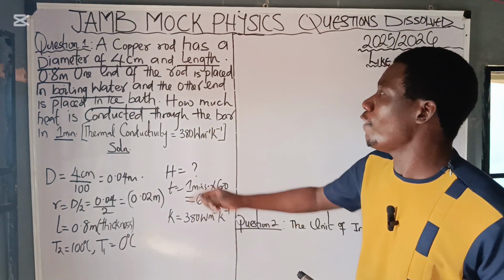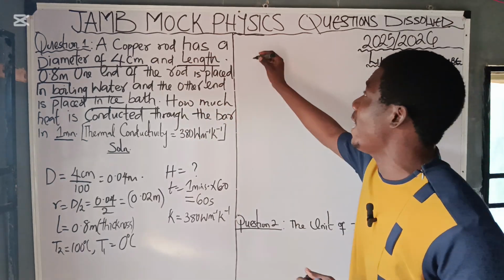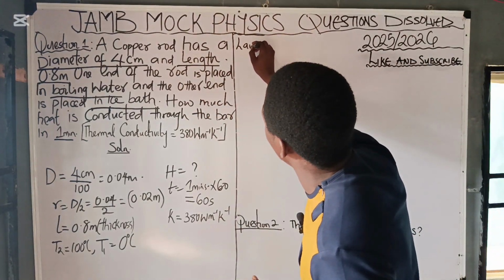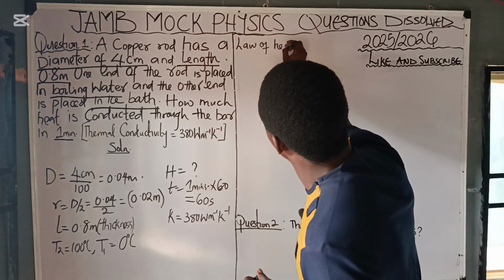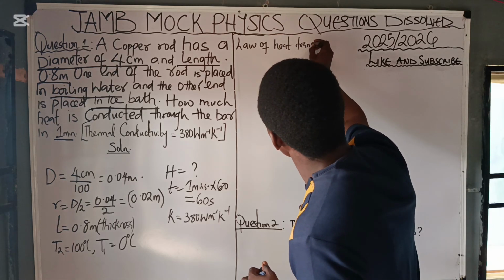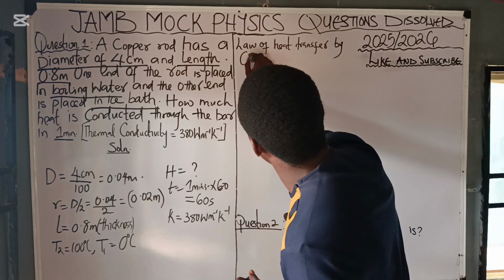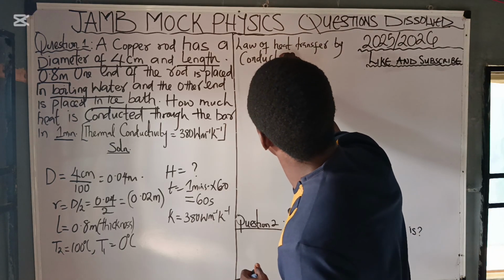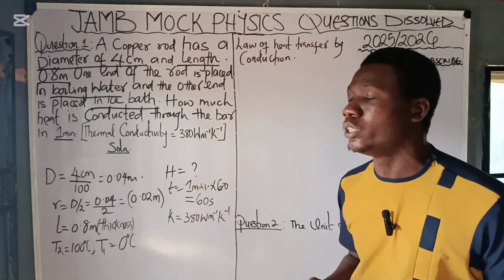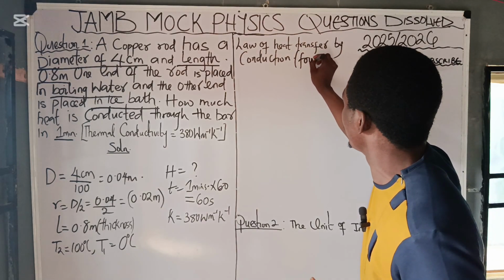Now, before you can solve this question, you must understand the law of heat transfer by conduction. The law of heat transfer by conduction is called Fourier's law. Take note of that.